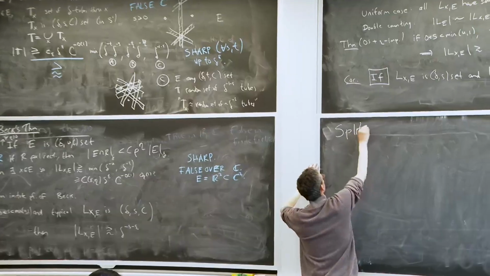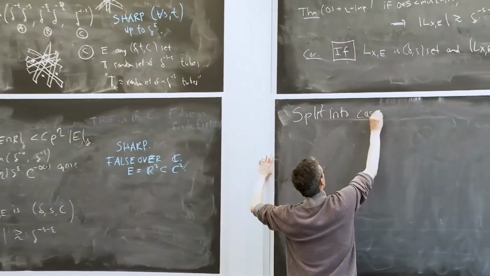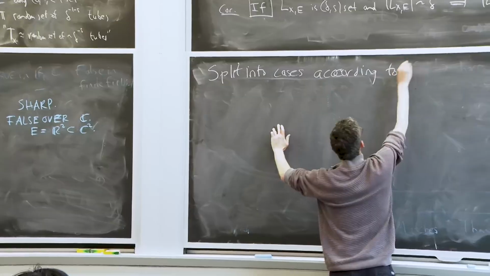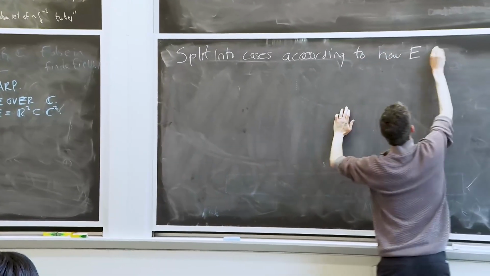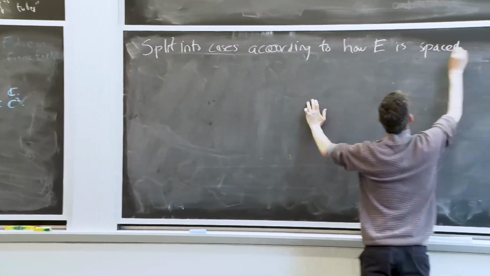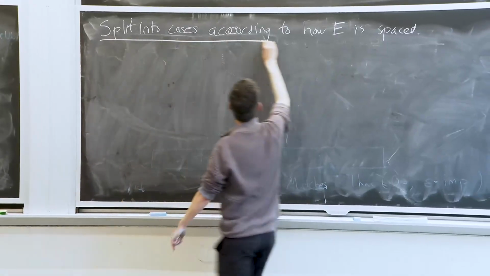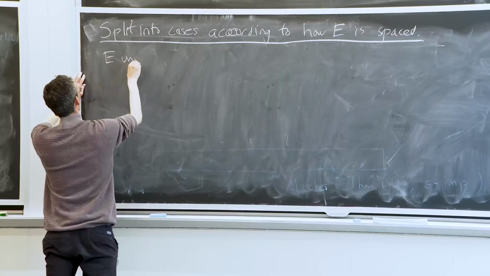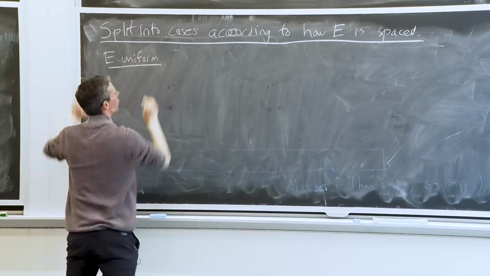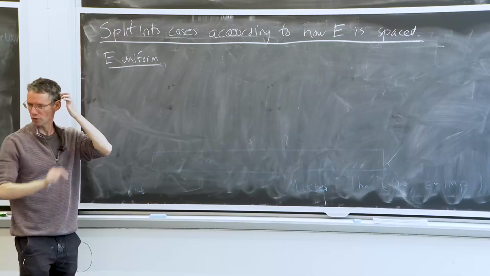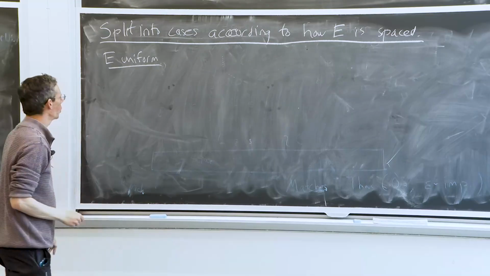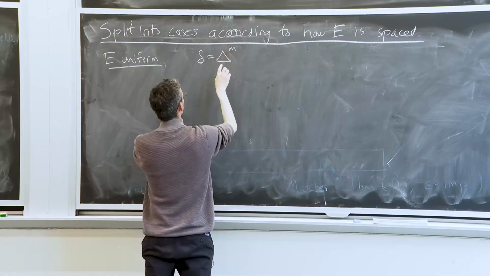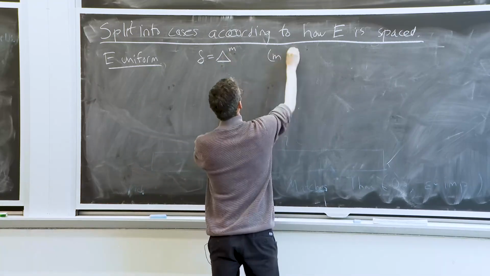So we're going to split into cases according to how E is spaced. All right. So first of all, let's assume that E is uniform. And I mentioned the word uniform above, but now I'll recall exactly what uniform is. OK. So first of all, our delta is going to be capital Delta to the m, where m is a large number.